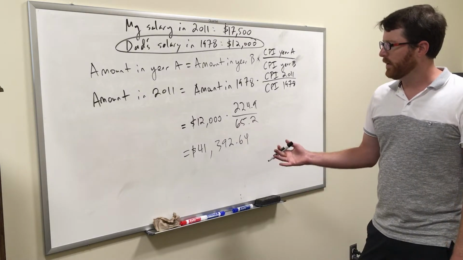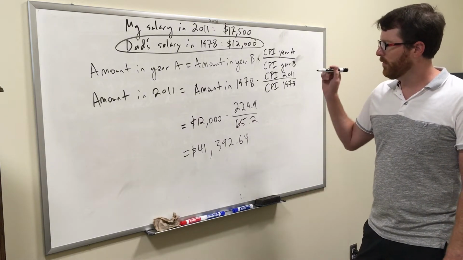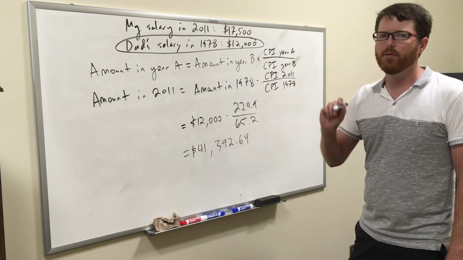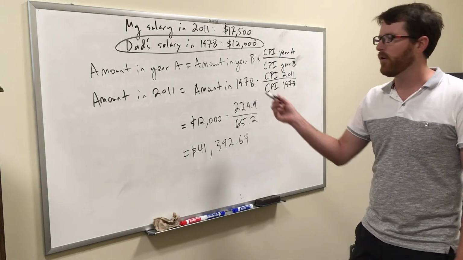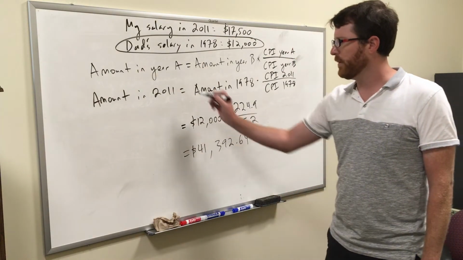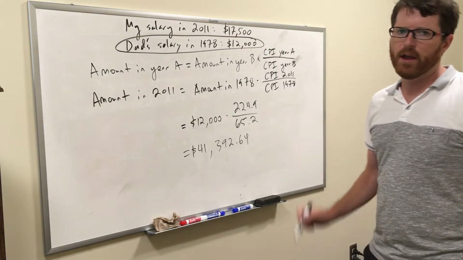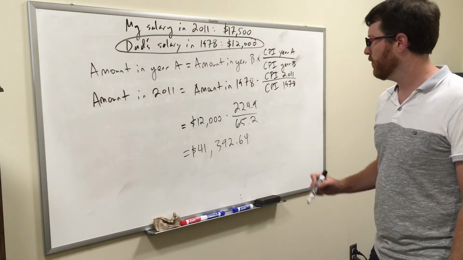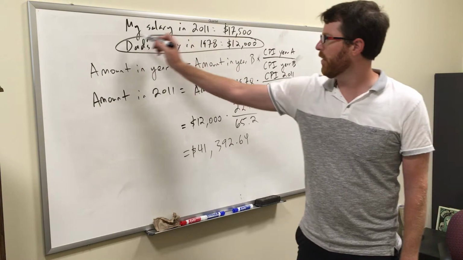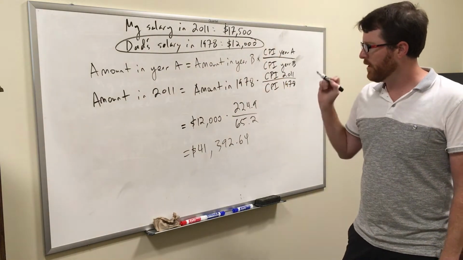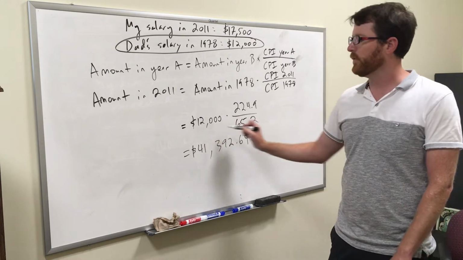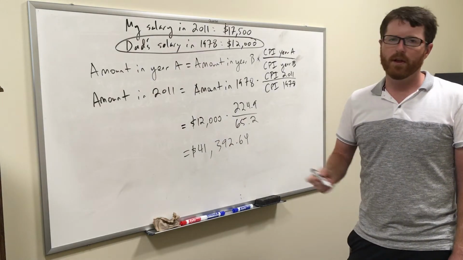Well, what this means is earning 12 grand in 1978 would mean you have the same level of wealth or the same buying power as earning this amount in 2011. In other words, in real terms, this right here, $12,000 in 1978, is equal exactly to having $41,392.64 in 2011.